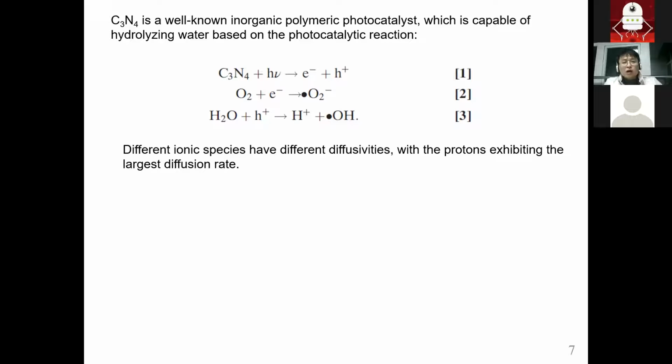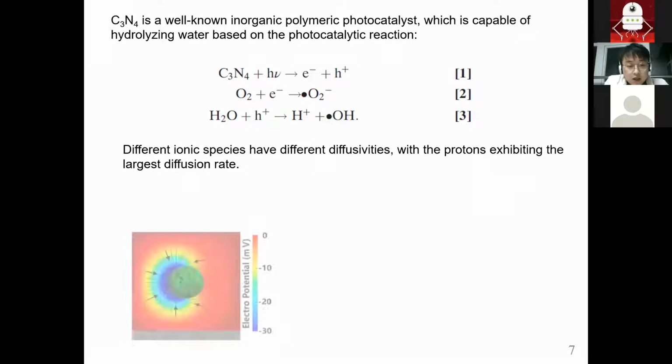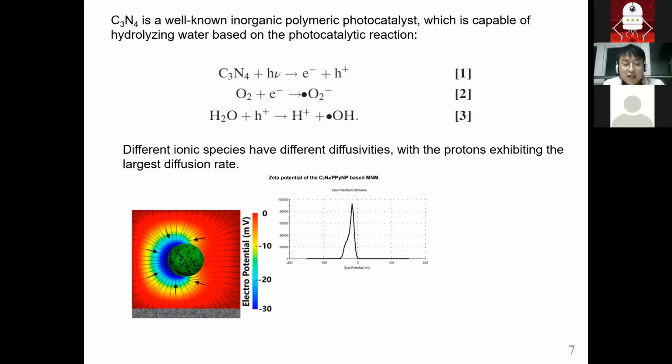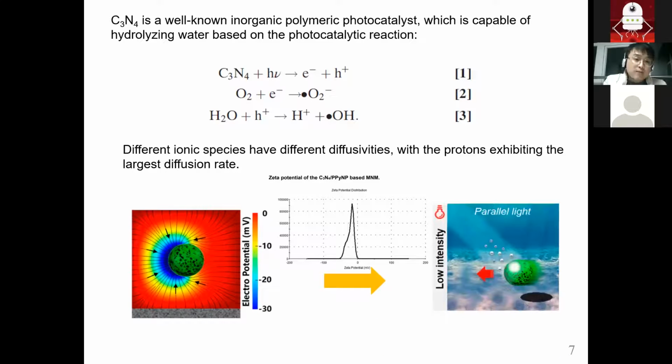As a consequence, a local electric field is established, which can be seen in this simulation. The micromotor has a negative charge on its surface. Therefore, it is propelled toward the light source by this electric field based on the self-diffusiophoresis mechanism.